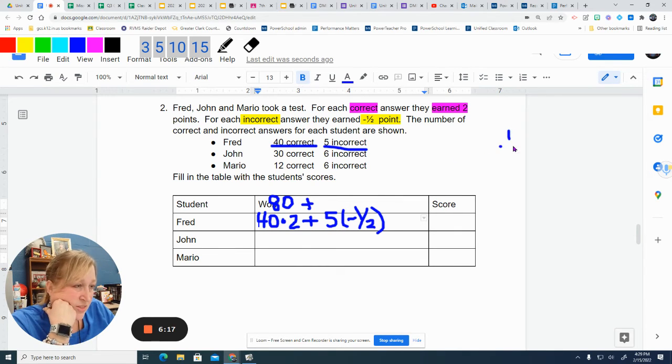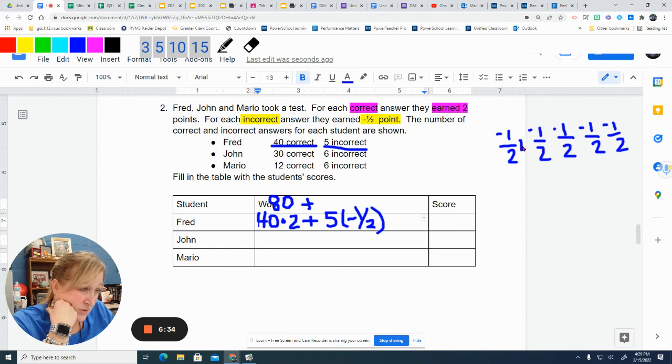When you're adding, since they all have the same common denominator, I just add across the top and add across the bottom. They're all negative, so I know that my final answer will be negative. So I end up with -5 halves.